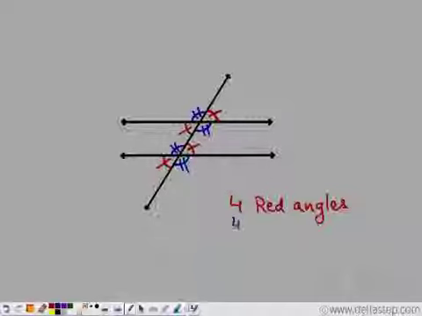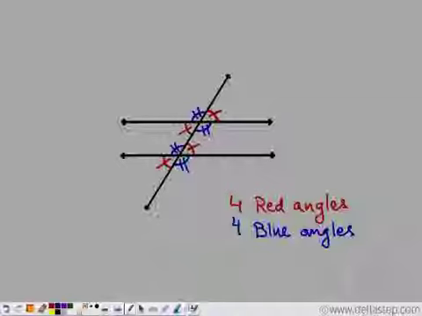So all four blue angles are also equal. So we see that although we have 8 angles, there are only 2 measures. All the red angles have 1 measure and all the blue angles have 1 measure.